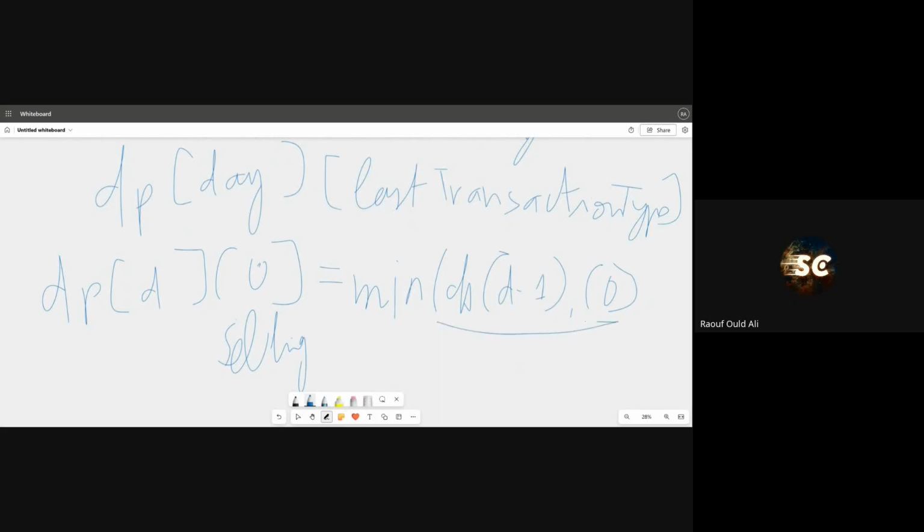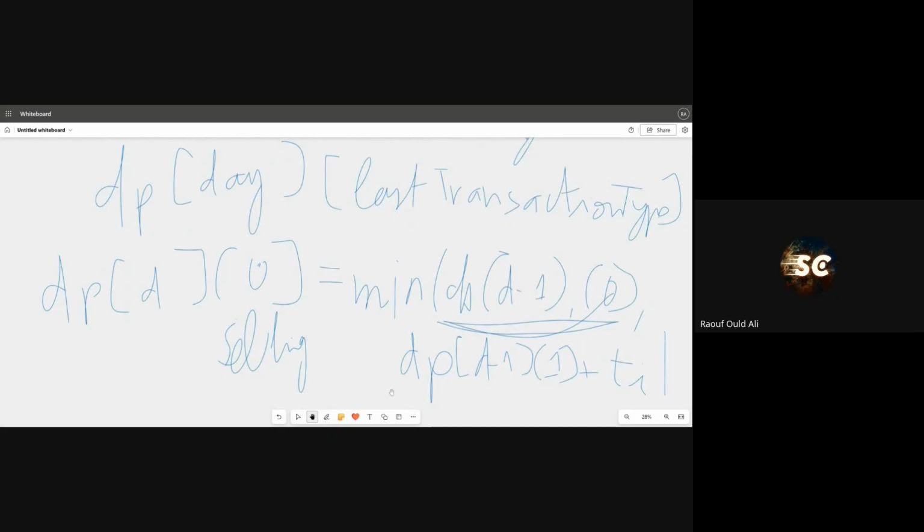So we're taking this directly from the previous state. Otherwise, we are selling on day d. So what does this mean? It means that we have bought something before. So the maximum from day d minus 1 by buying plus selling on this day. I don't know if it's x or t, but the most important is that it's the transaction on day t. Okay. So we are buying, selling on this day.